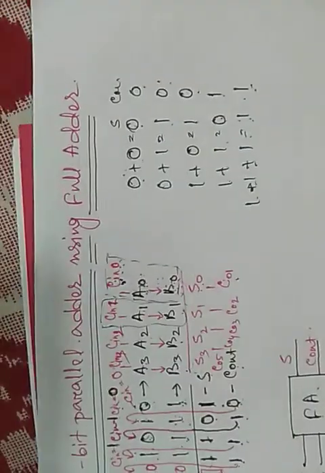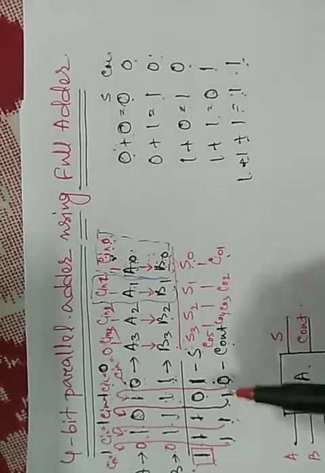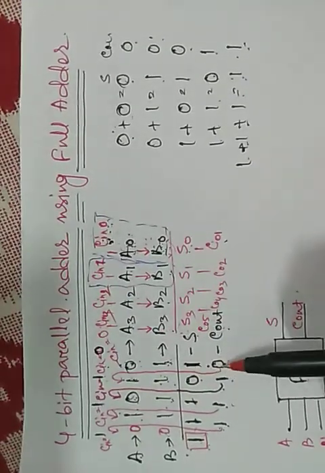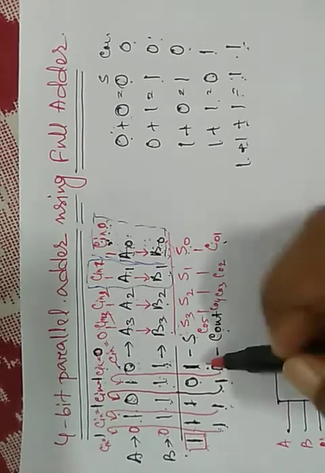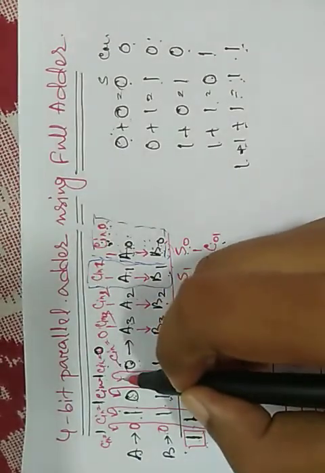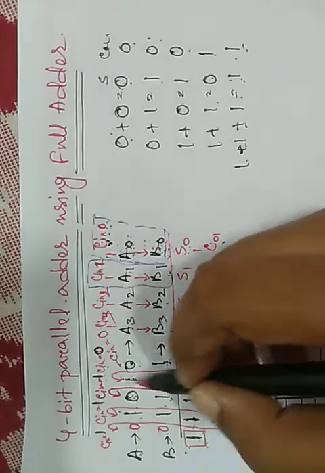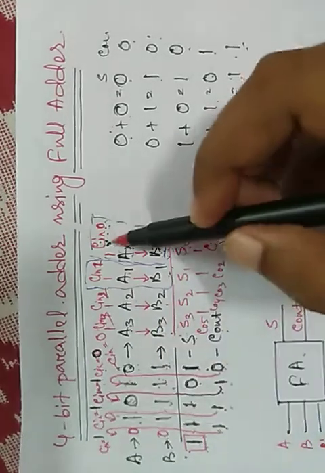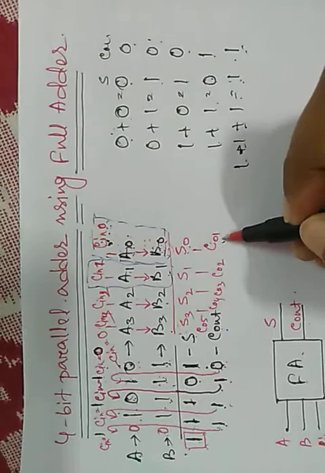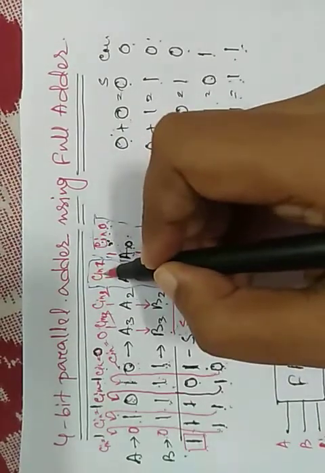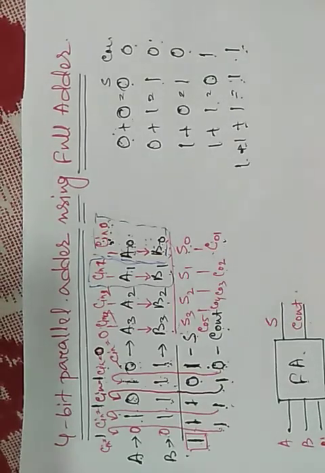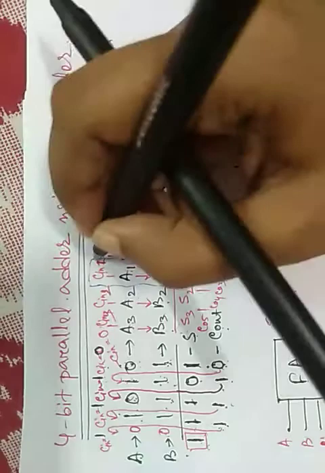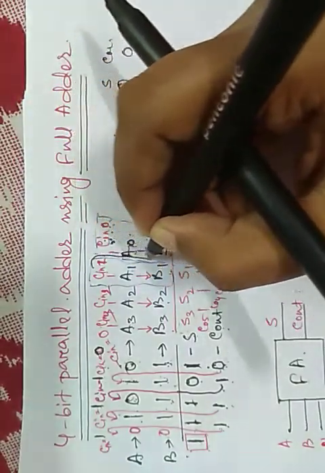Now let us see one thing. The C out of previous addition goes as the C in of its next addition of 2 bits. So here C out 0 goes as C in 1, C out 1 goes as the next one, obviously.